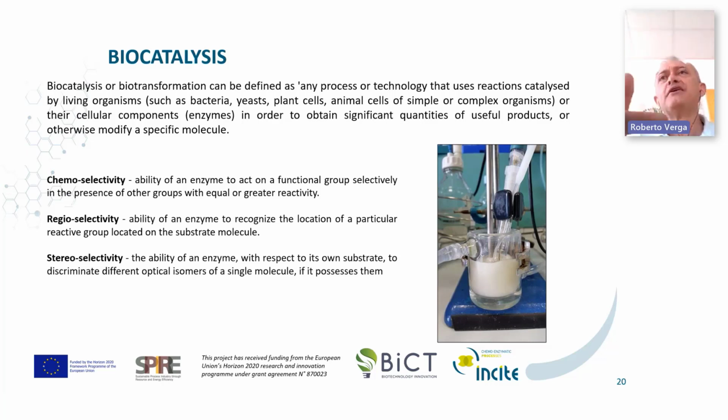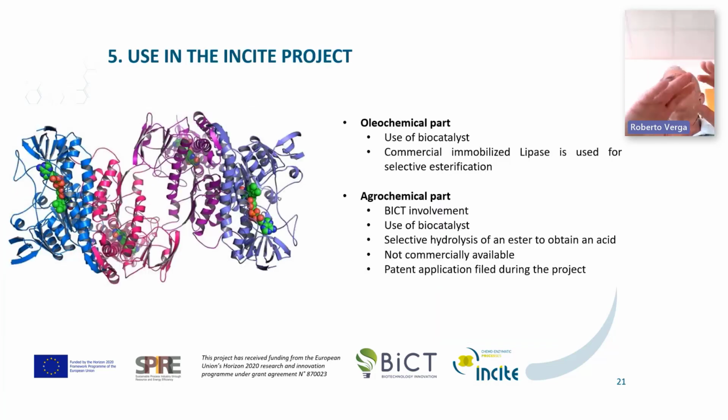Practically, enantiomeric isomers are molecules with the same structure, the same composition, but a different arrangement of the atoms in the space. It's very difficult chemically to discriminate this one. Instead, the enzymes can perform this selectivity.